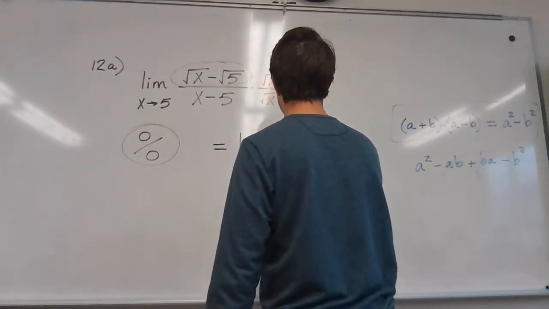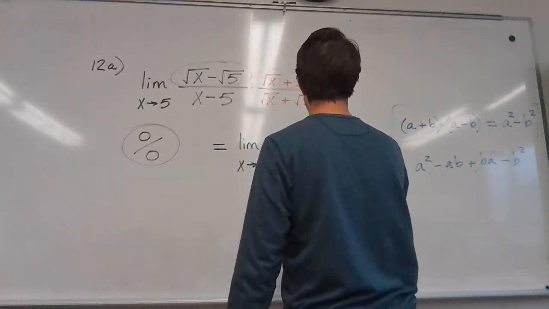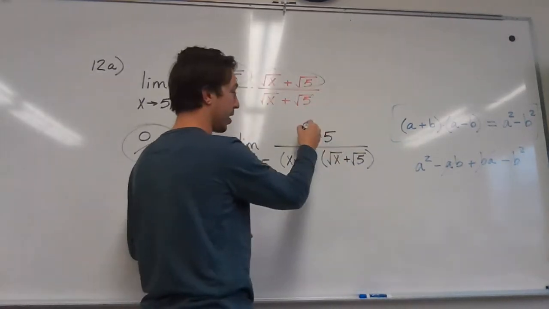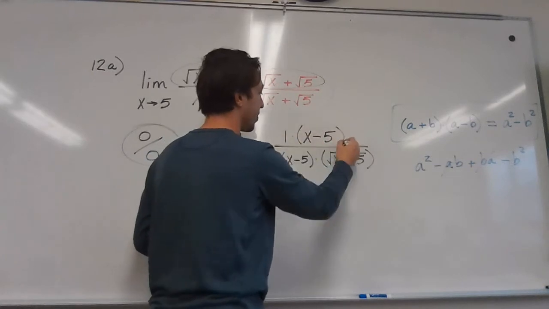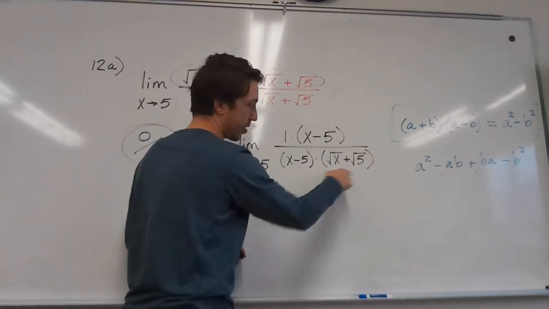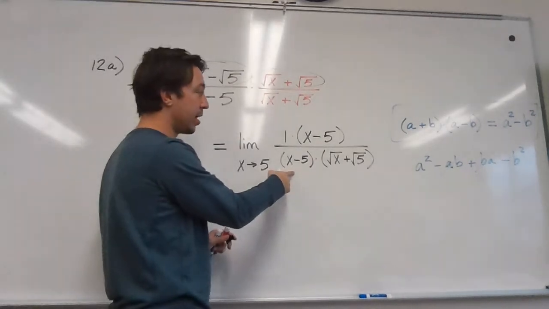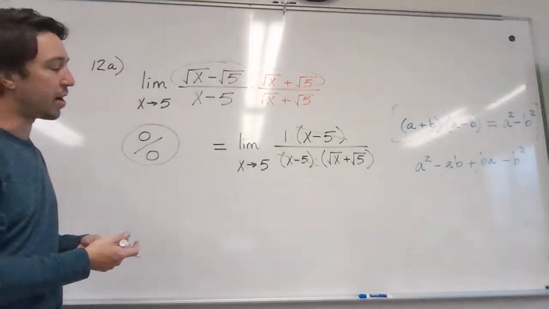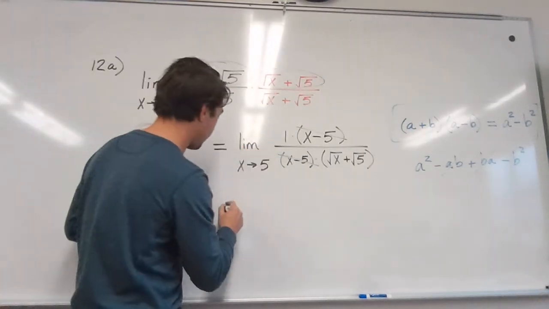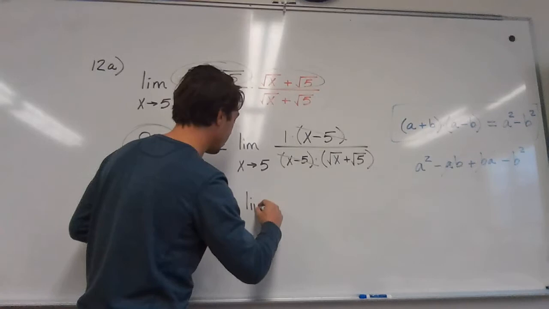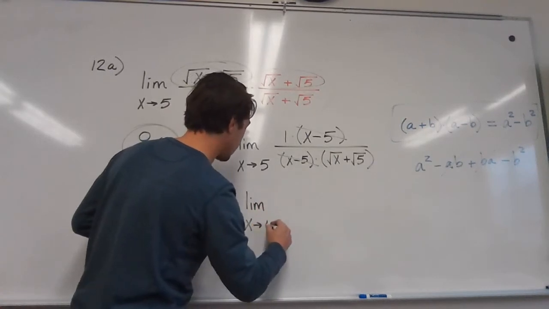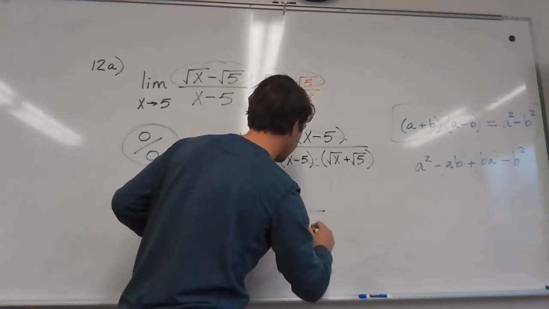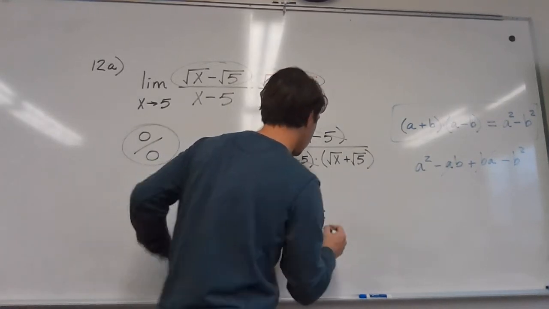x minus 5 times this, because now the top is kind of like 1 times x minus 5, and the bottom is this weird thing times x minus 5. And so I can divide the top and bottom out. Basically, I divided the top and bottom by x minus 5. And look what I've got. I've got the limit as x approaches 5 of 1 over root x plus root 5.